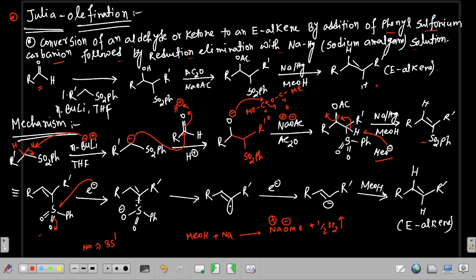Later this bond will break, the sulfinate will leave, and it will form a radical. Now this radical and an electron from the sodium will recombine to form an anion, and this anion will abstract the proton from methanol to form an E-alkene.